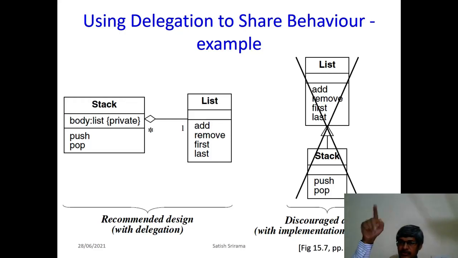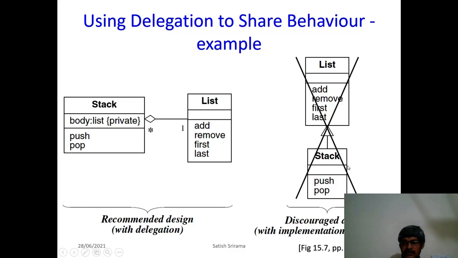You inherited the methods, so you directly use them in the stack class. Similarly, to pop, you go to the last and remove that. Perfect, in terms of implementation this would be very good. The list operations are already there, so it is very easy to do.